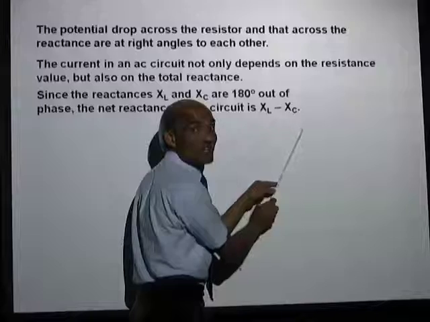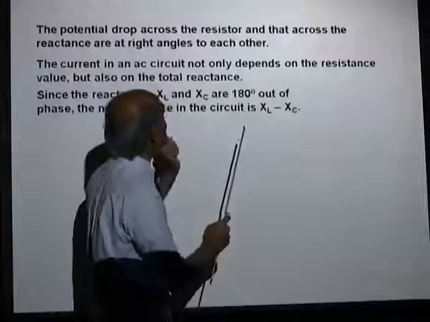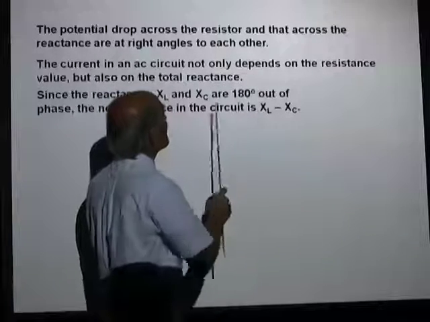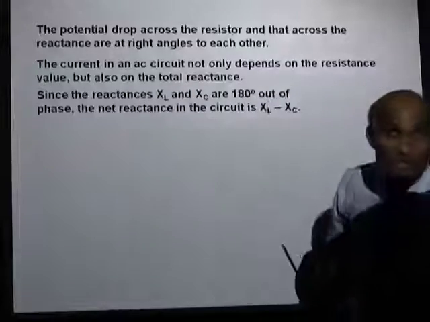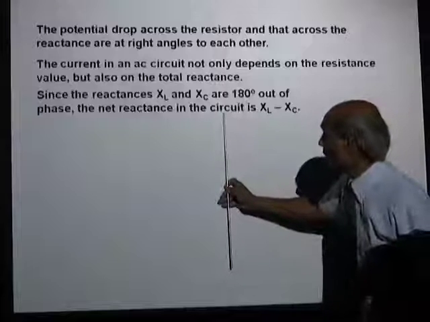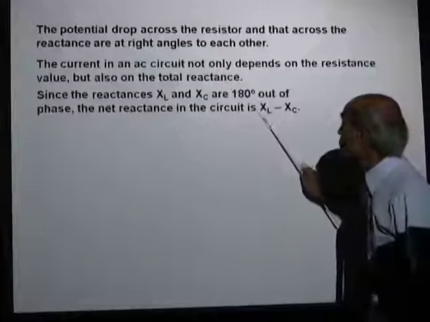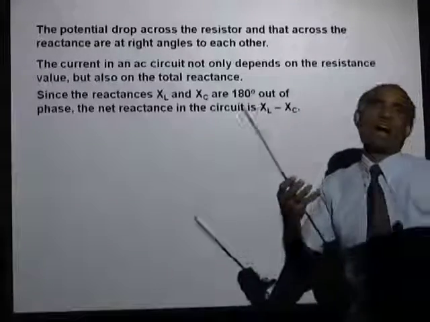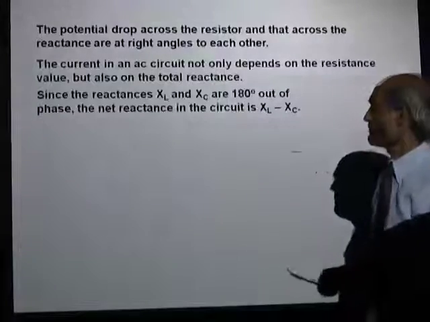In an inductor, the voltage leads by 90 degrees. So there is a phase difference between XL and XC of 180 degrees. Therefore, the net reactance, when you have the two of them together, because if one is upward, the other is downward, the net reactance will be XL minus XC. Well, either XL minus XC or XC minus XL, it doesn't matter.